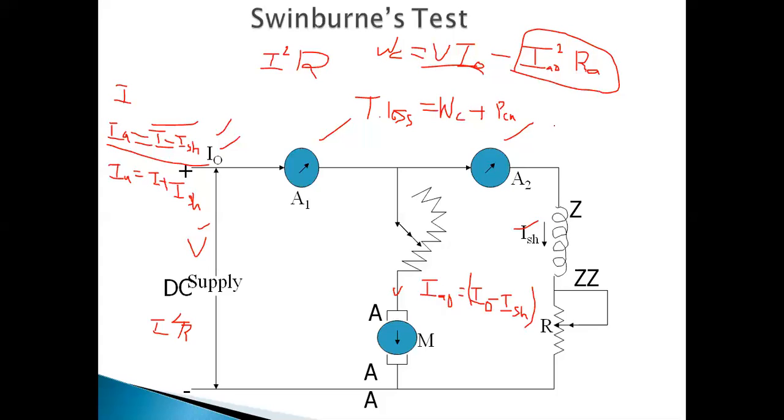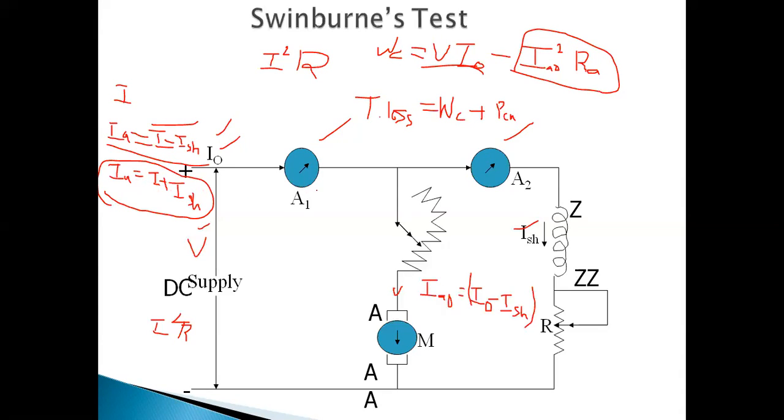Now I will explain how to calculate the efficiency when the machine is acting as a generator. Then the power input is equal to VI. Then the armature copper loss, when it is acting as a generator, uses this armature current, and the copper loss is equal to I square Ra.